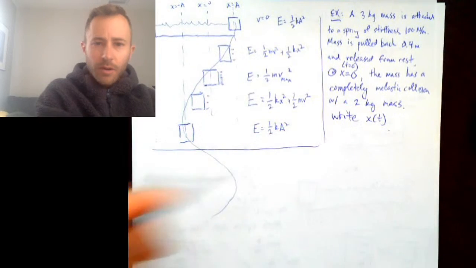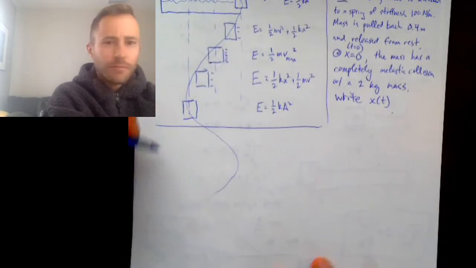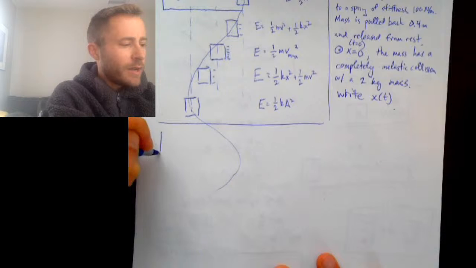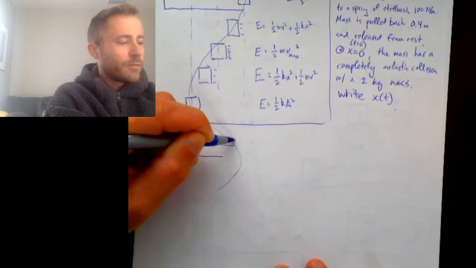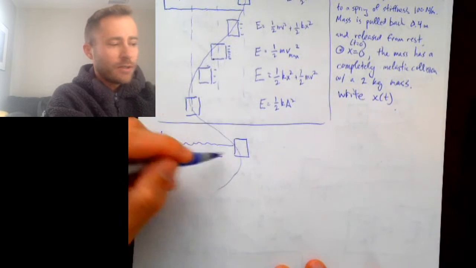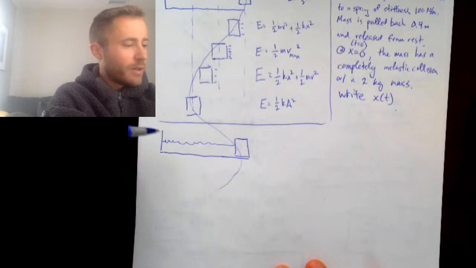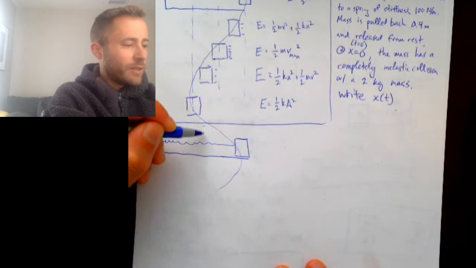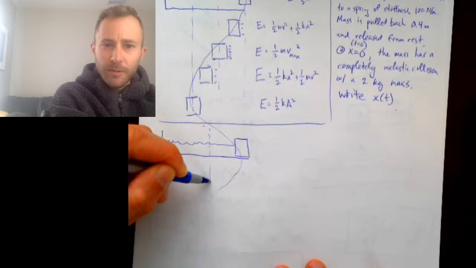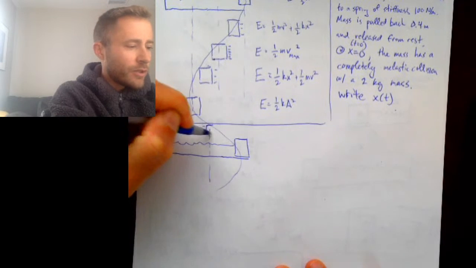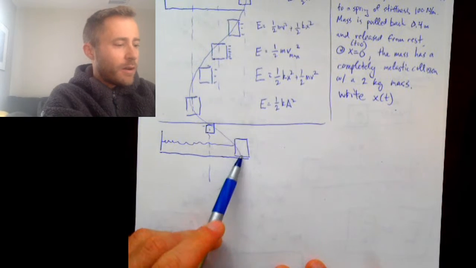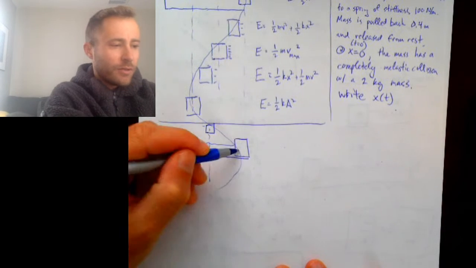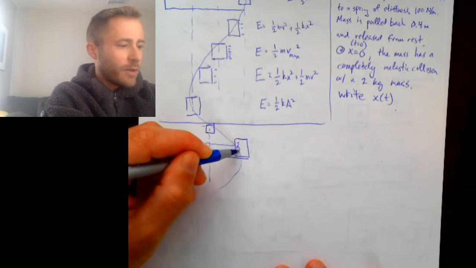Okay, so let me break this down. So we've got this mass, connected to a spring and stretched. Here is x equals 0, and there's this other mass right here. This is the 3 kilogram mass.